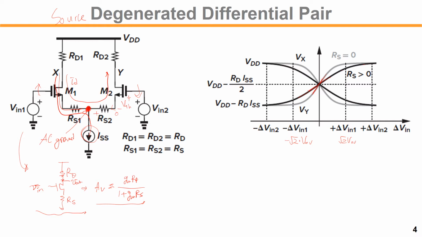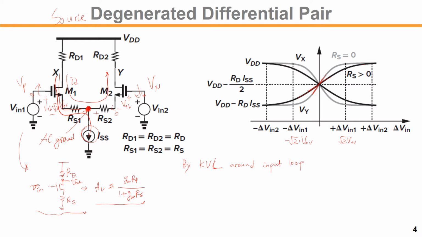And the left hand side would be VTH plus square root 2 times the overdrive voltage, because it needs to flow the 2x larger bias current of ISS. Okay, this is the VP and this is the VN for the input. So we can derive the equation by KVL around the input loop.